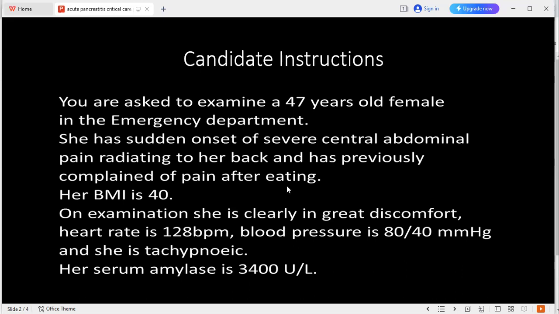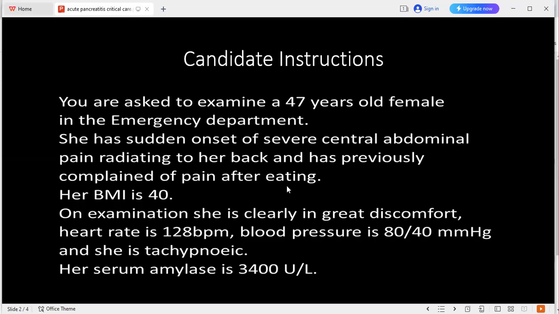If the PaO2 is less than 8 kPa, calcium level less than 2 millimole per liter, urea level more than 1.9 millimole per liter, base deficit more than 4 millimole per liter, hemoglobin drop of 10% or greater.